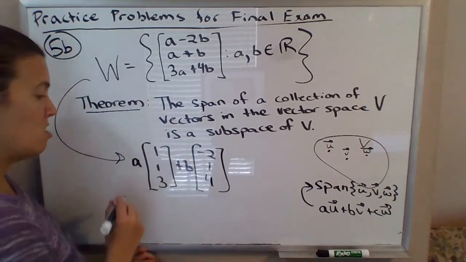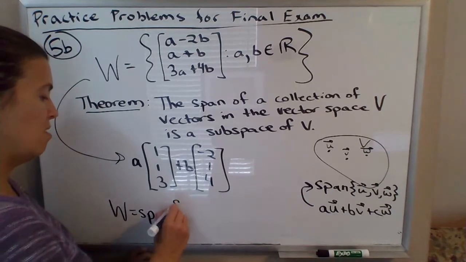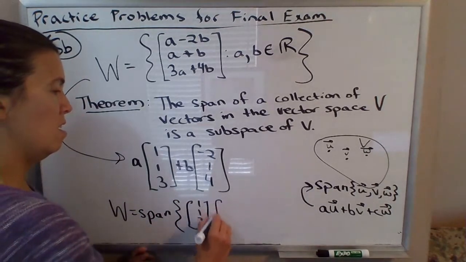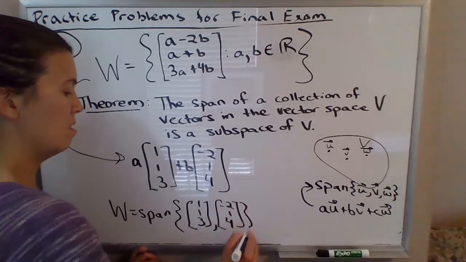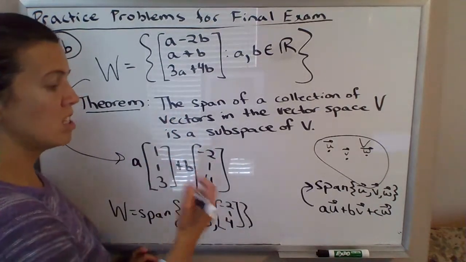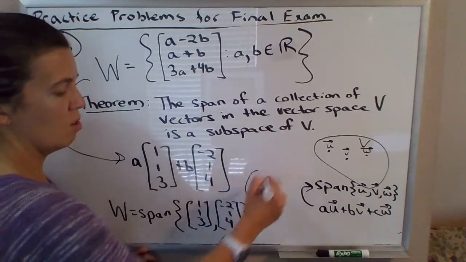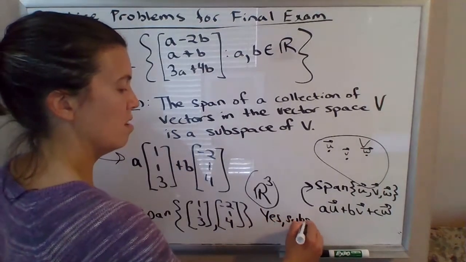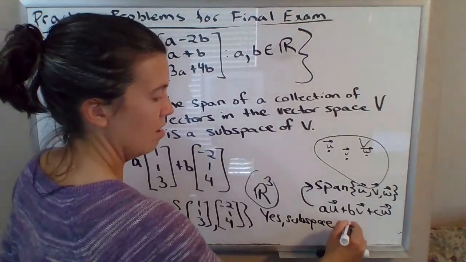This means the set W can be expressed as the span of these vectors 1, 1, 3 and negative 2, 1, 4, which are 2 vectors in R3. So this proves that W is a subspace of R3. The vector space V in this case is R3. And the answer is yes. W is a subspace of R3.